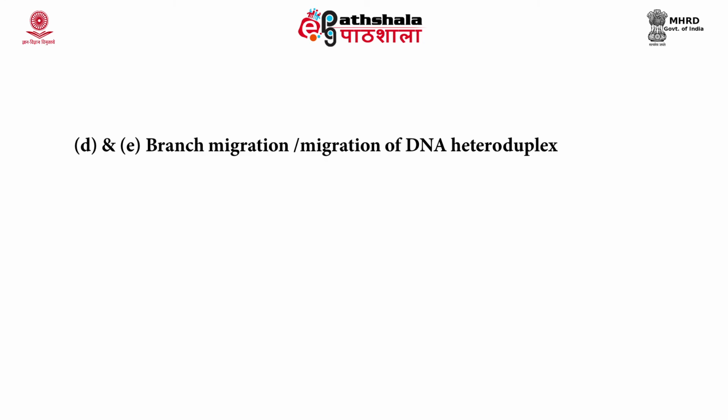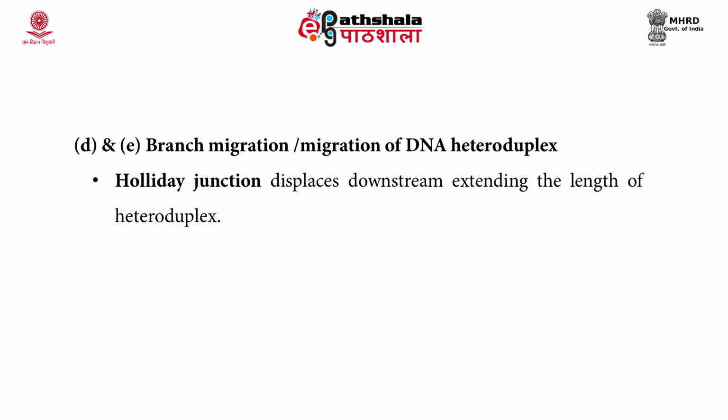In next two steps, D and E, migration of DNA heteroduplex, also called as branch migration, is seen. Here, Holliday junction displaces downstream, extending the length of heteroduplex.